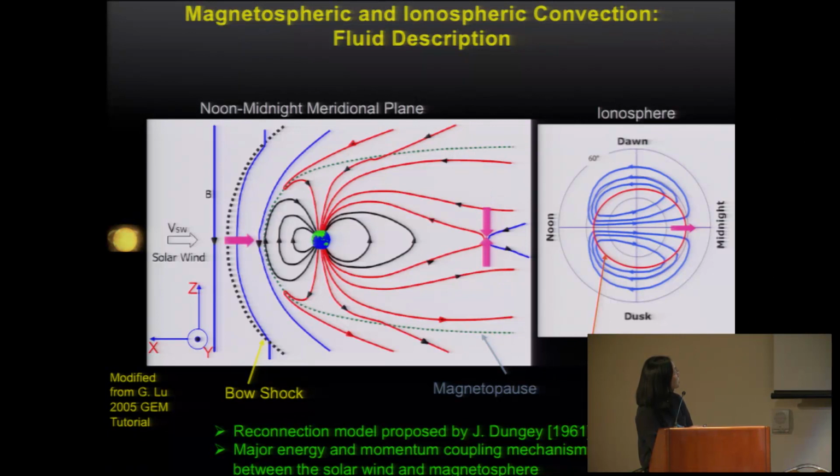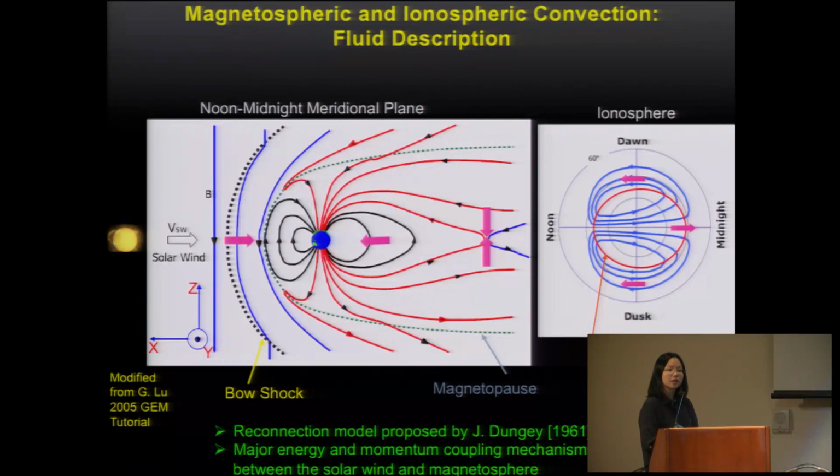The newly formed closed field line will drift backwards towards the Earth and go around, trying to finish the loop. At the same time, in the ionosphere, the footprint of the magnetic field will also move from the day side through the polar cap anti-sunward, and then sunward at a lower latitude, forming those concentric circles that we call the convection pattern.